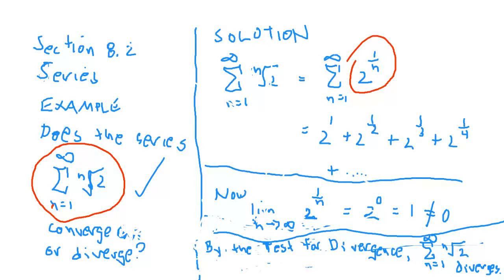Well, we have to be careful. Just because the terms of the series approach 0 doesn't mean the series is going to converge, because the harmonic series does not converge. But certainly if the terms of the series are not approaching 0, the series cannot converge. So it definitely would diverge in that case.